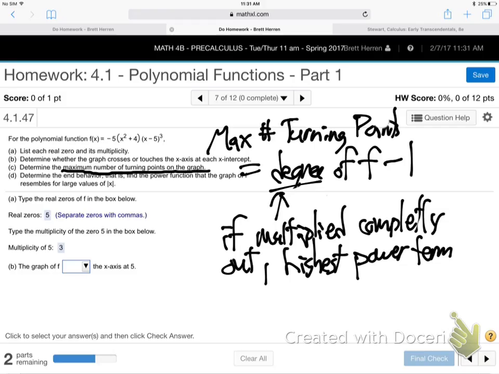So that's what degree means, right? If you multiply the whole thing out, what would be the highest power term? That's the degree. If you take one away from that, that's the maximum number of turning points.